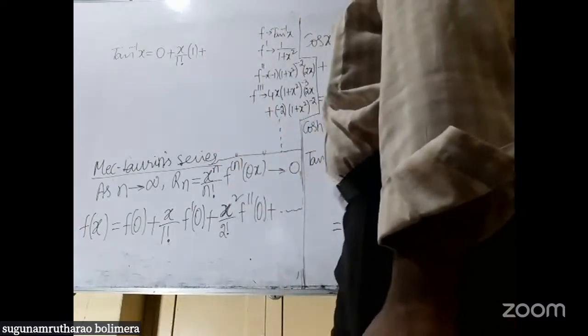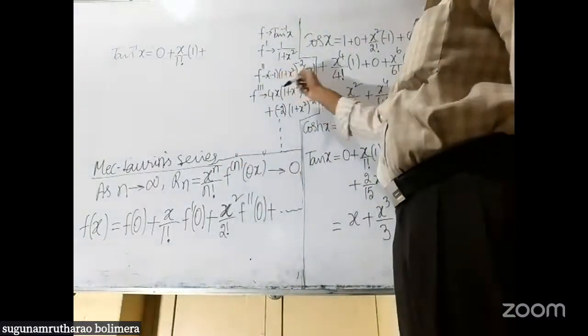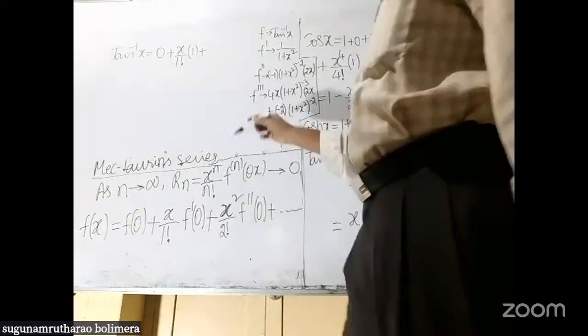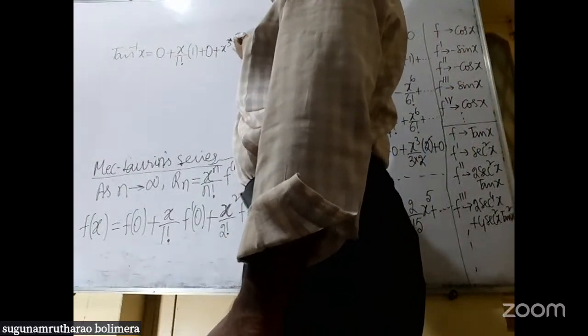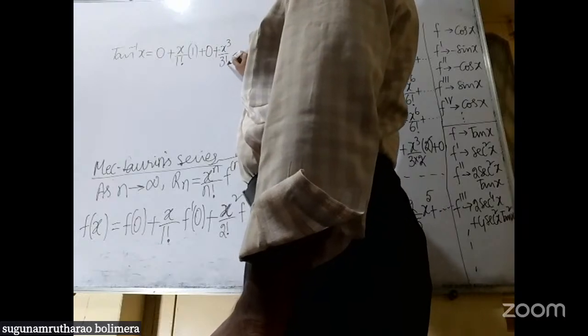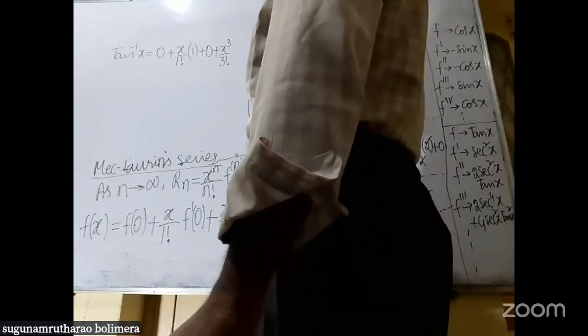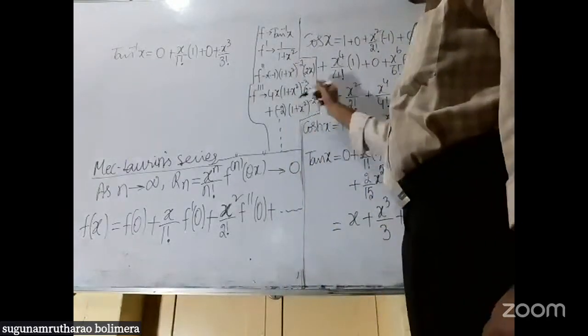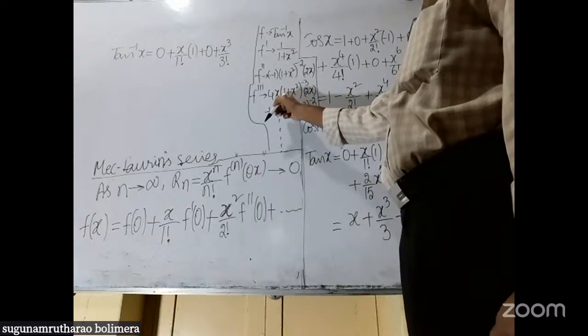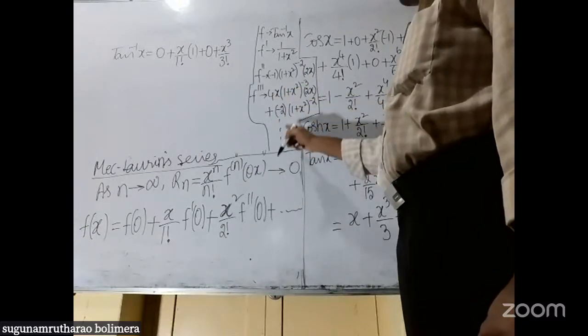Plus f double dash of 0, this is 0. Plus x cube by 3 factorial, but if you put x equals 0 here, this part is 0, so this is totally 0.